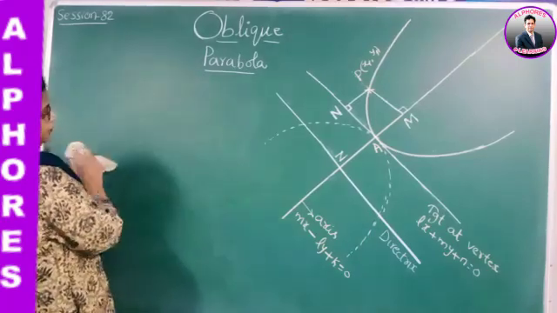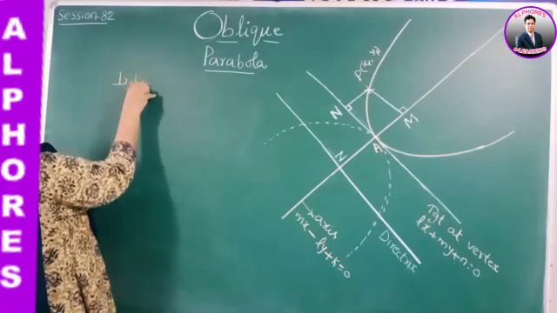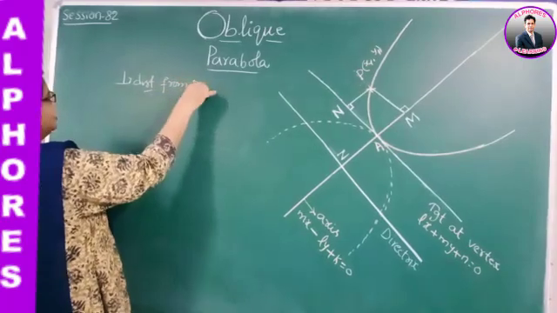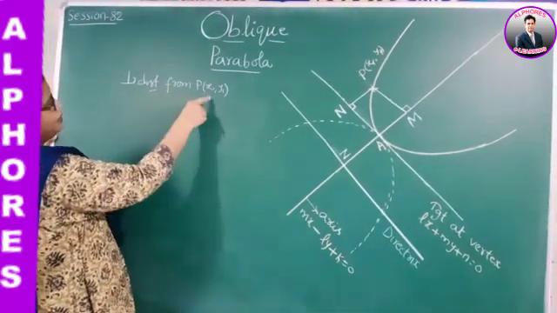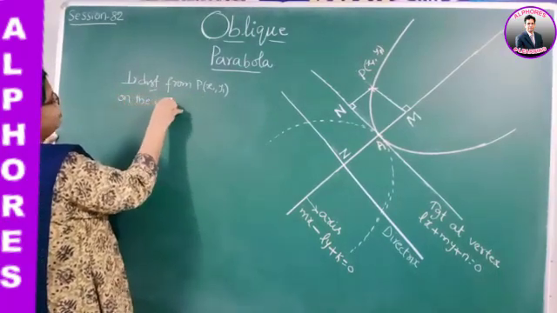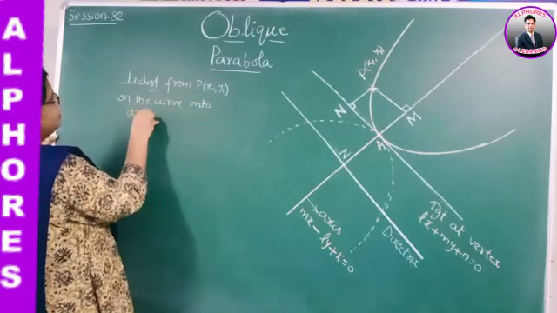So let us write that kind of equation. It is the perpendicular distance from P of x1 comma y1, which is any point on the curve, onto the axis, whole square.